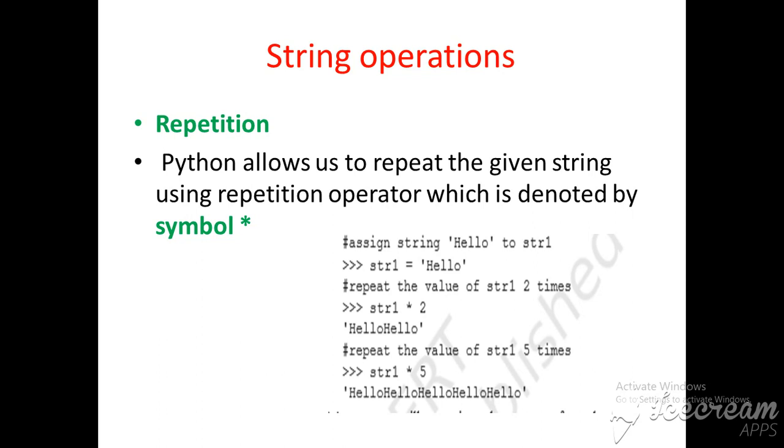If we need to repeat the value of string 1 two times, we use the star operator: string 1 star 2, and it returns hello hello. If we need to repeat it 5 times, we use string 1 star 5, and it returns hello 5 times. This is the use of the repetition operator. Repetition means to repeat the string value more than once by using the star symbol.